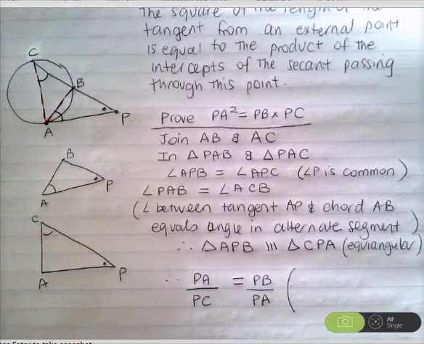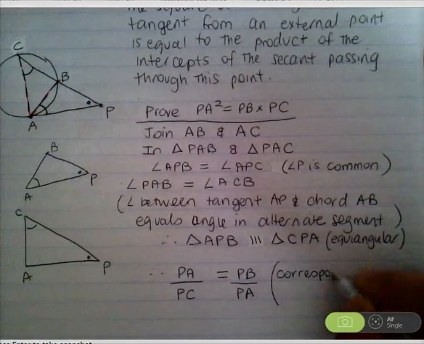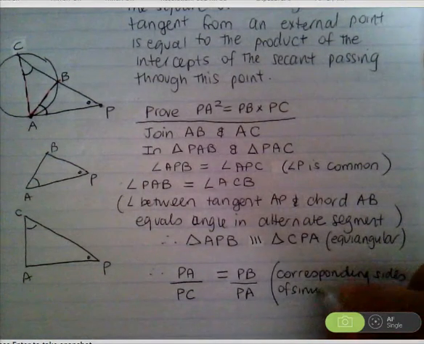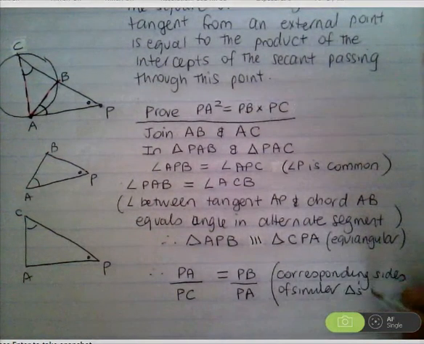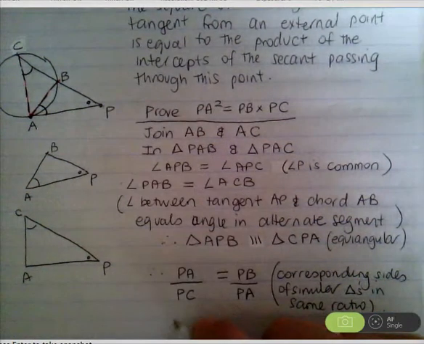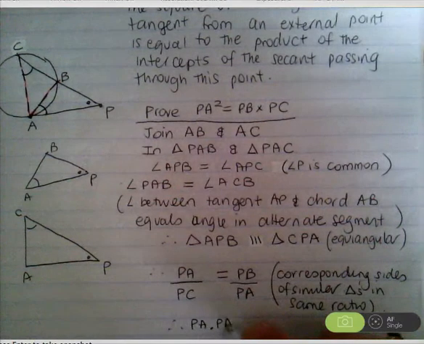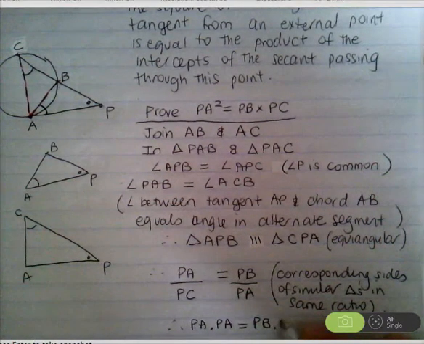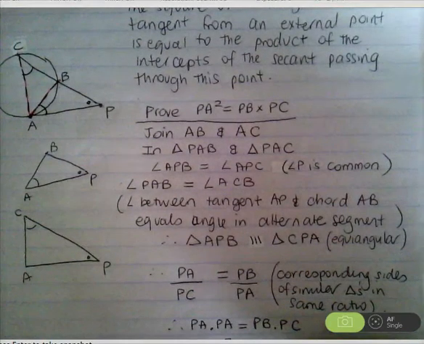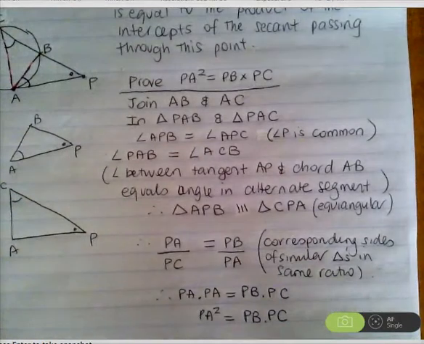And the reason for that is corresponding sides of similar triangles in the same ratio. Therefore, because we've got fraction equals fraction, we can cross multiply. PA times PA equals PB times PC, or PA squared is equal to PB times PC. Okay, and so therefore we have just proved that theorem.